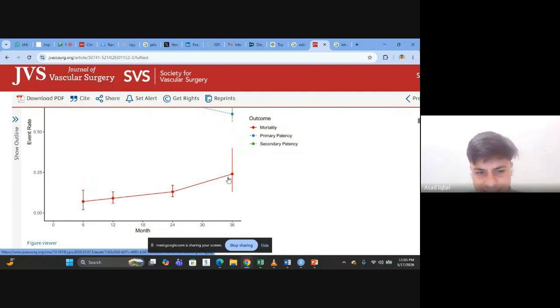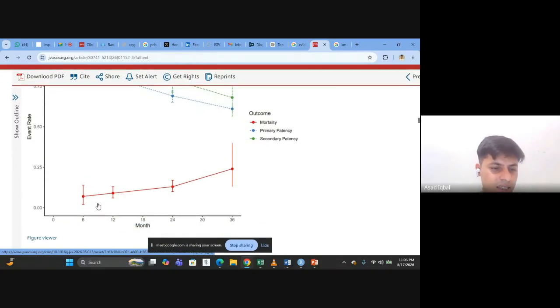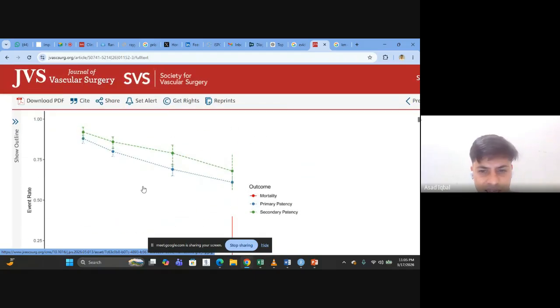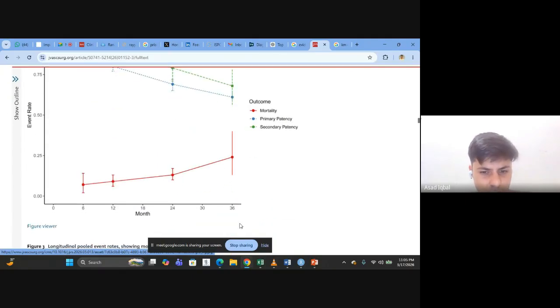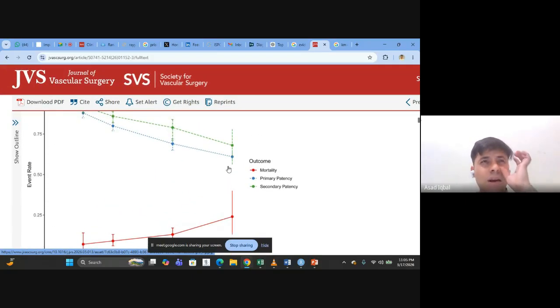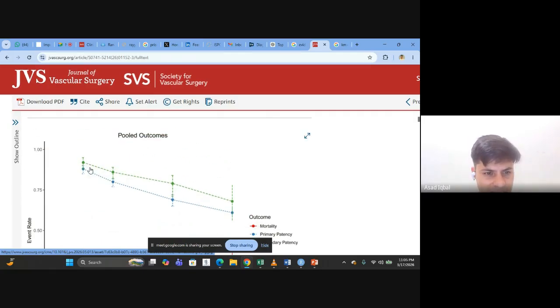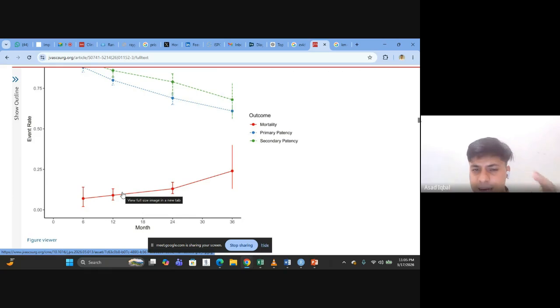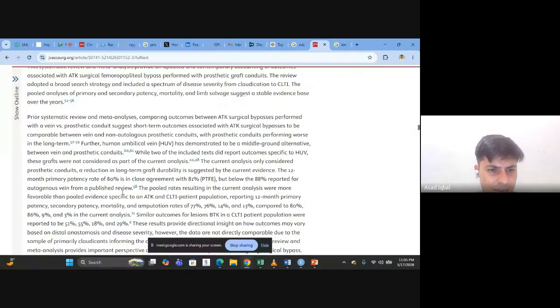So it's going like this, and at 0 they don't have anything. Now for primary patency, patency was initially 90%, and then it decreased up to 36 months, I mean 3 years. And then secondary patency. So I think this is a kind of Kaplan-Meier, not exactly, but kind of.